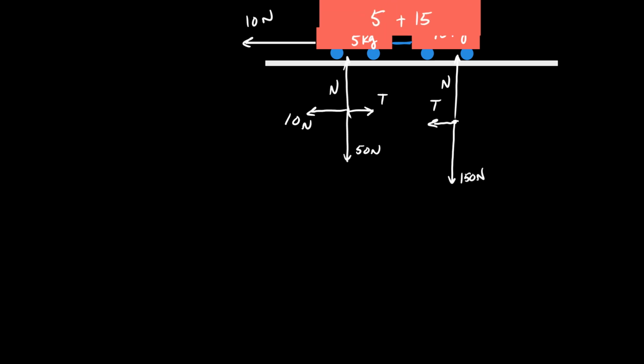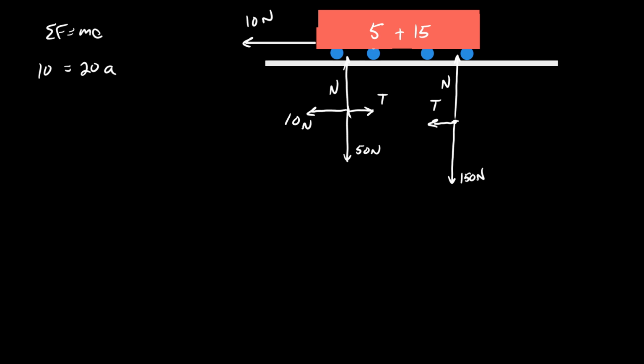But if you're trying to do this fast, you're trying to skip steps, you could probably just say, well, 10 newtons equals 20 kilograms times A. There's no reason you can't. You can treat it like one big object. But I'm going to do the whole problem the long way.